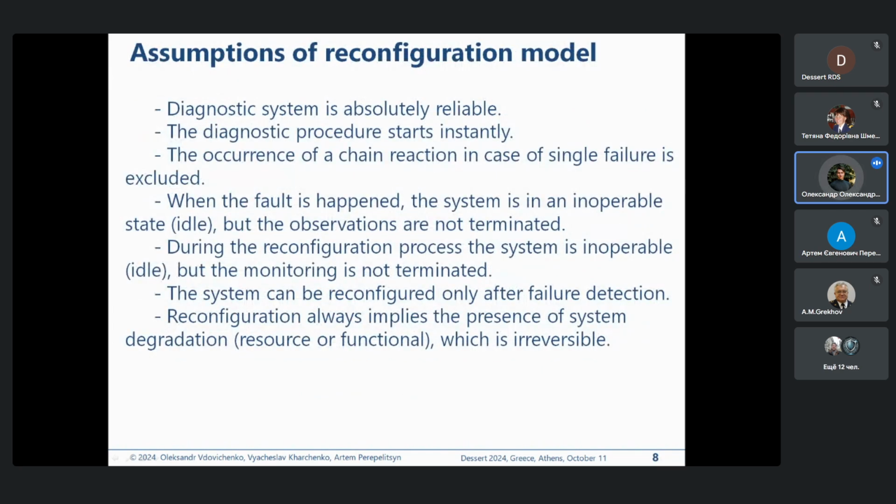So, to define a way of application for the described above, we offer to simulate a behavior model with the next restrictions. There are an absolute reliability of the diagnostic system, exception of consequent chain effects, and instant response.